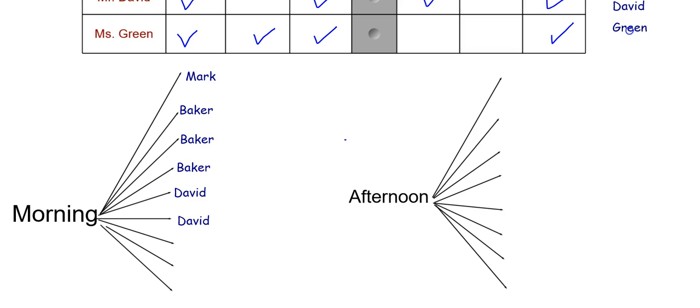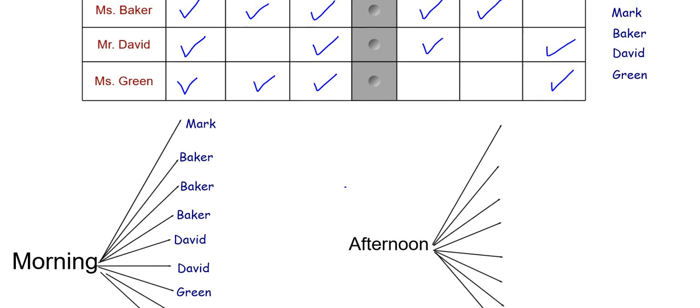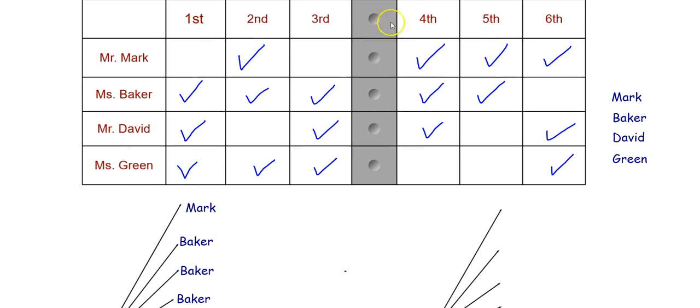So these are the possibilities of the morning session in that computer class. Now do the same thing for the afternoon session. We have Mark 3 times.